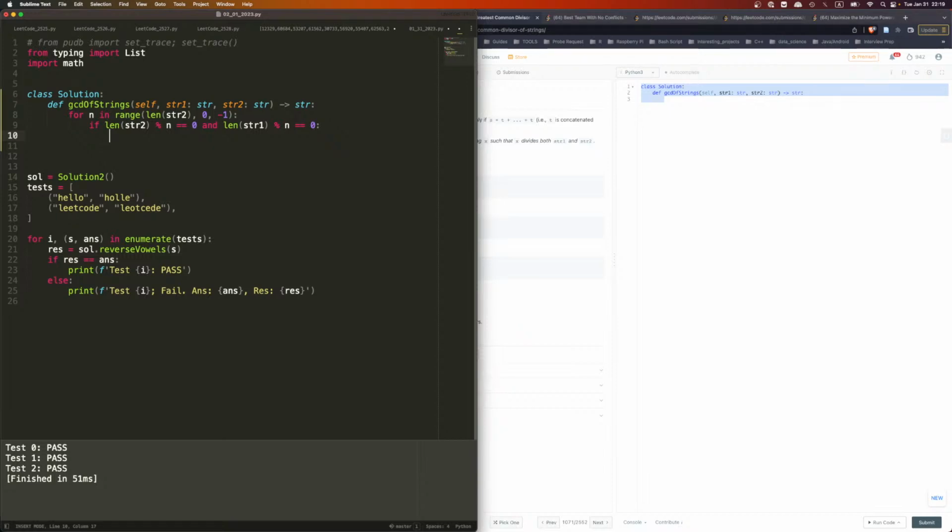Then we say divisor 1 shall equal to, from 0 to len str1 with n, right? And then the str1 I to I plus n. I'm going to set this whole thing.